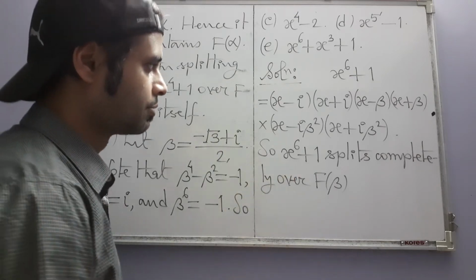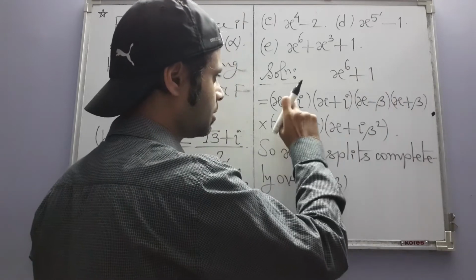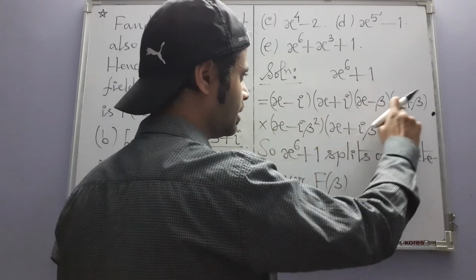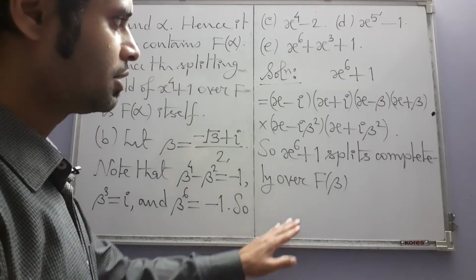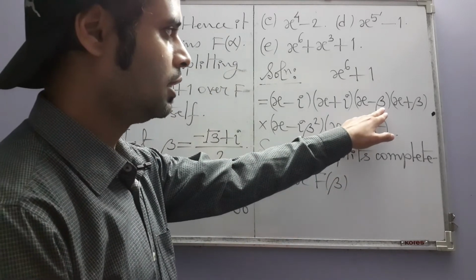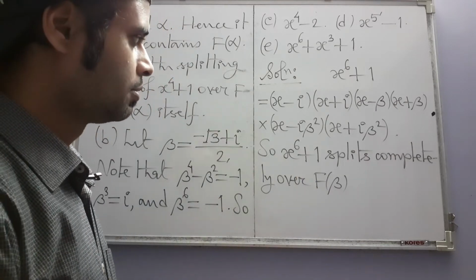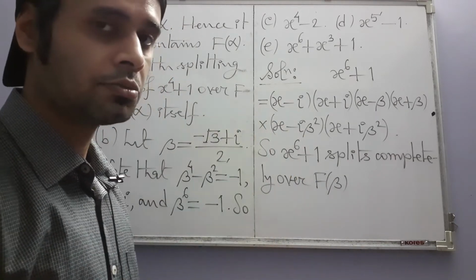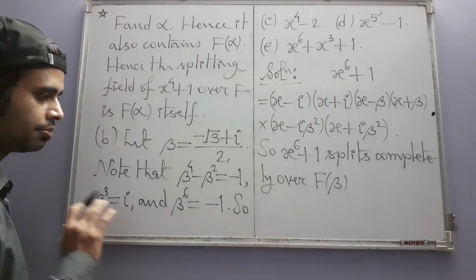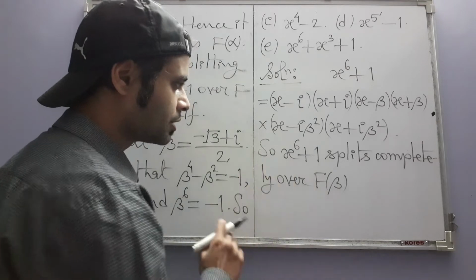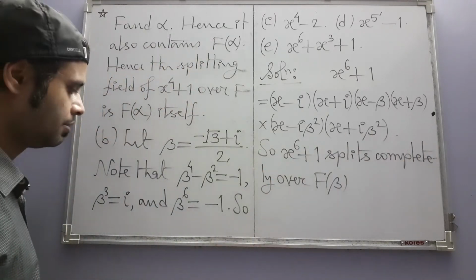But now we can see from these roots I, minus I, beta, minus beta, I beta square, minus I beta square, out of these 6 roots, readily we can see that beta and minus beta belong to this.